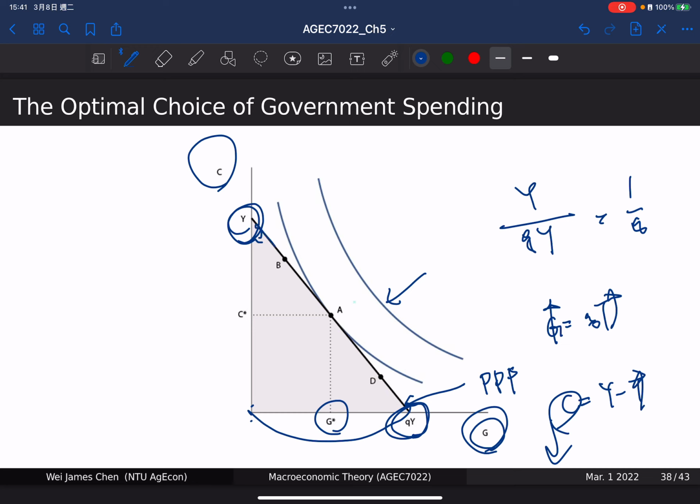So it's on this line. The government only decides G, but that will eventually decide how much the consumer can consume. And the government will try to maximize the consumer's utility.